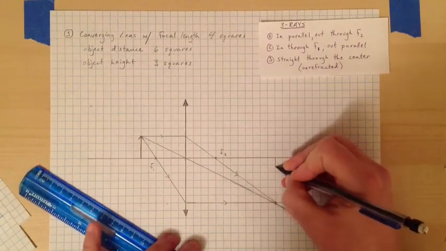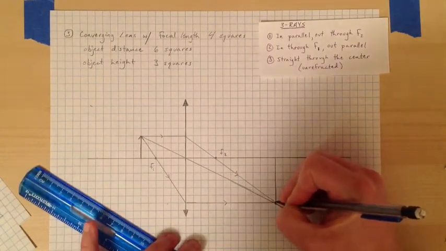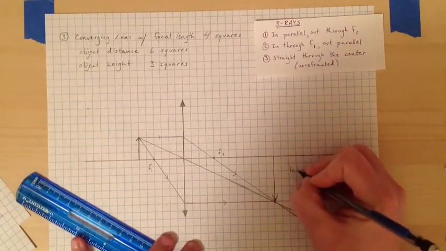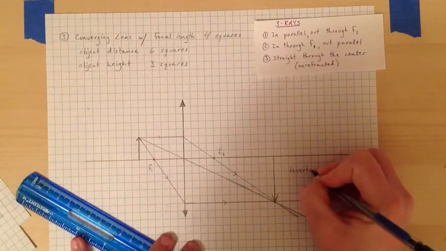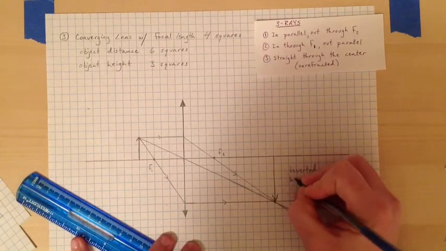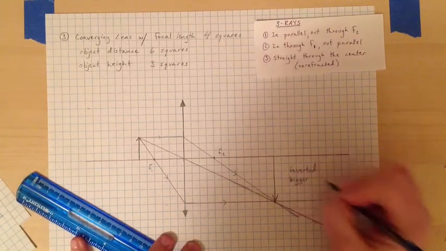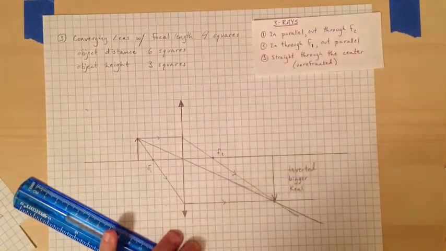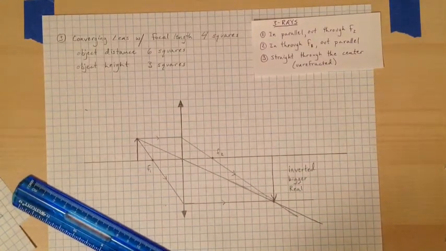So there's my image. It's inverted. It's bigger or magnified, and it's real because it's projected onto the other side and upside down.